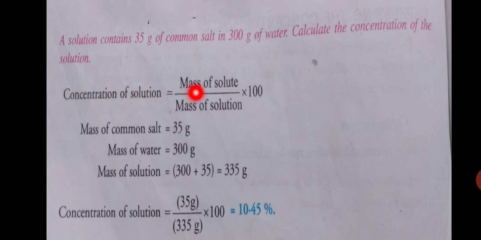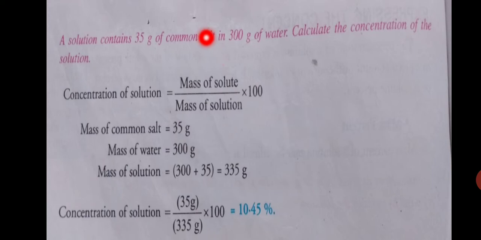Anything you can write, these three terms. Either concentration of the solution, or mass by mass percentage, or percentage of solution. Okay, so what is the formula? Mass of solute divided by mass of solution. Note that it is mass of solution.